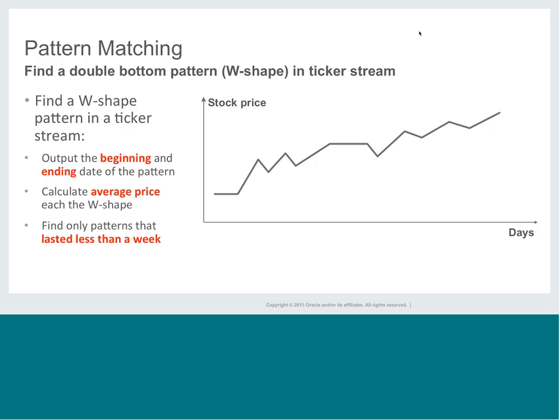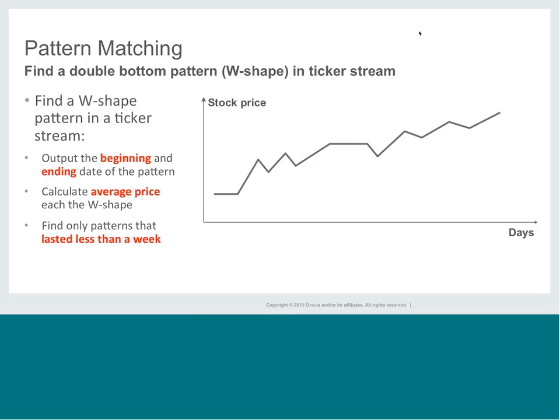So I have this stream of data that's coming in, and there's certain things that I want to look for. I want to look for a W pattern where my share price goes down, it goes up, it goes down again, and then it goes up again. And I want to track that particular pattern. And I want to grab the start of the W, I want to grab the end of the W, and I also want to calculate the average price within that pattern as well.